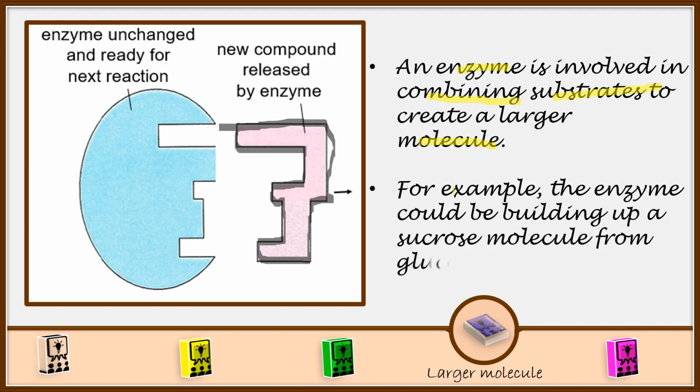For example, enzymes could build up sucrose from molecules of glucose and fructose. So an enzyme can help to join glucose with fructose to form a larger molecule, which is sucrose.